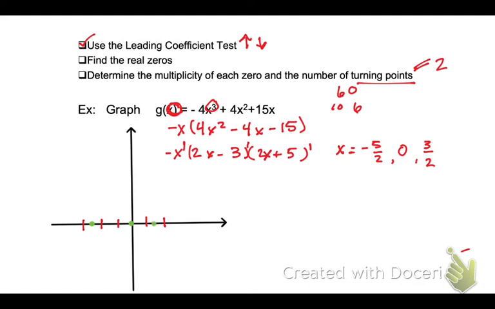And we know it has to end down, right? So it has to start what? Up. And all of them have an odd multiplicity, so I just go through. And there I go. How beautiful is that?